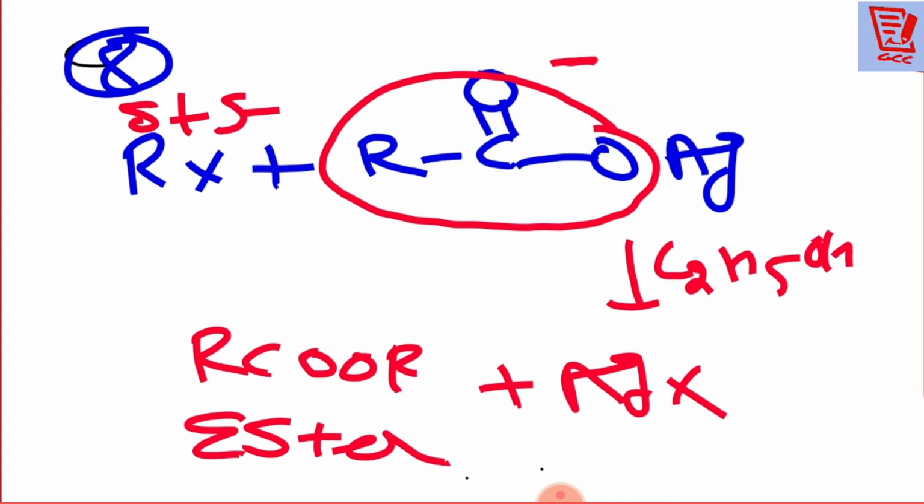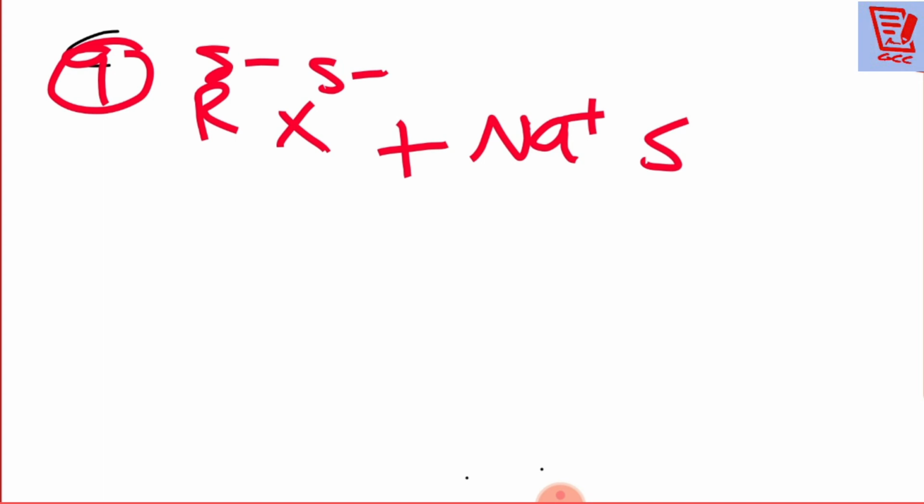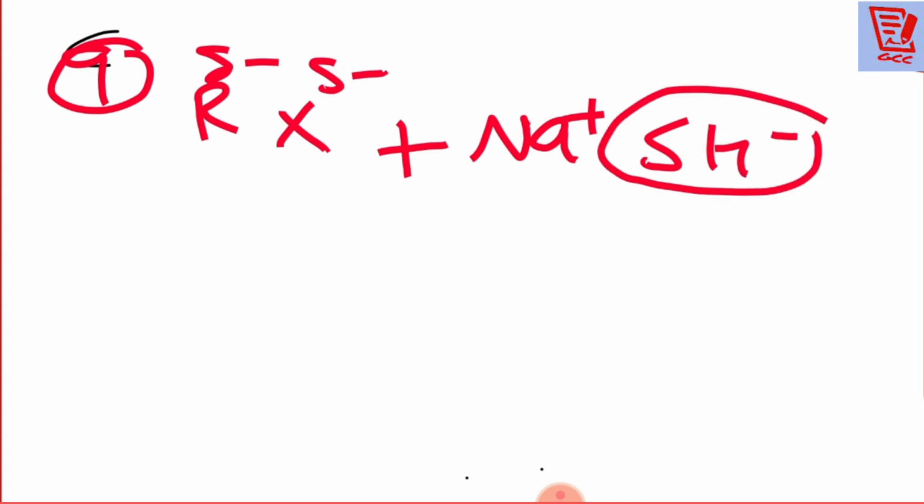Same way, after that, reaction number 9. In reaction number 9, you see RX is there, R positive, X negative. And here, in this case, we are using the hydrosulfide group. What are we using? Hydrosulfide, Na positive, here SH negative. Here SH negative is a nucleophile, which is called hydrosulfide, in the presence of alcohol.